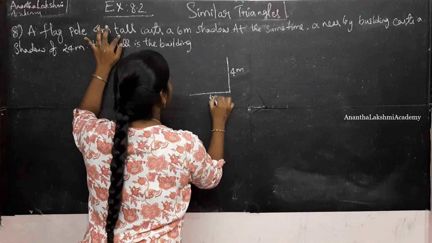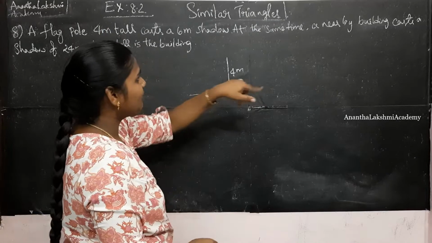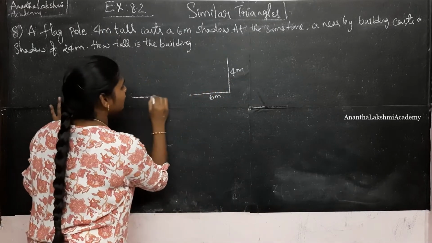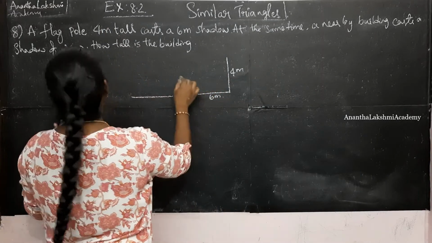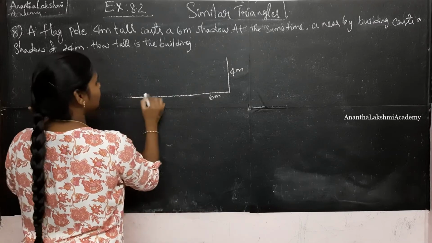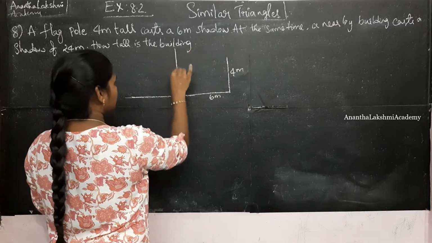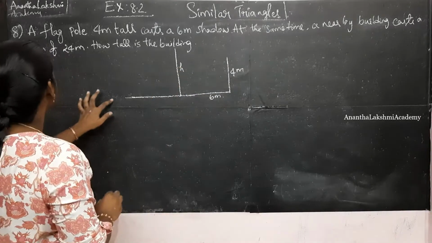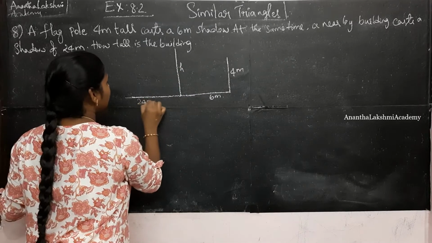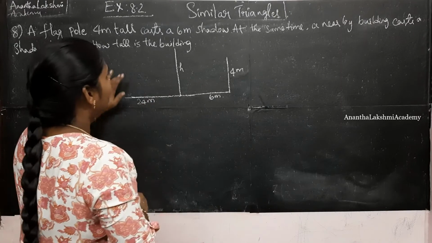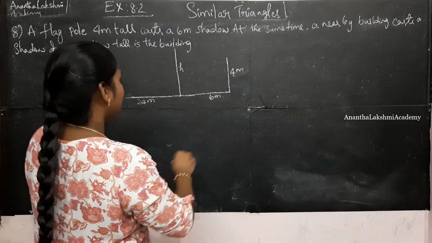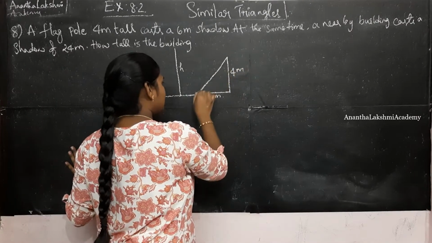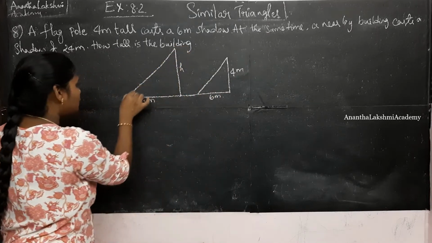At the same time, a nearby building casts a shadow of 24 meters. Eventually this has to be more height, and this is a shadow of length 24 meters. So this is a triangle and this is one more triangle.